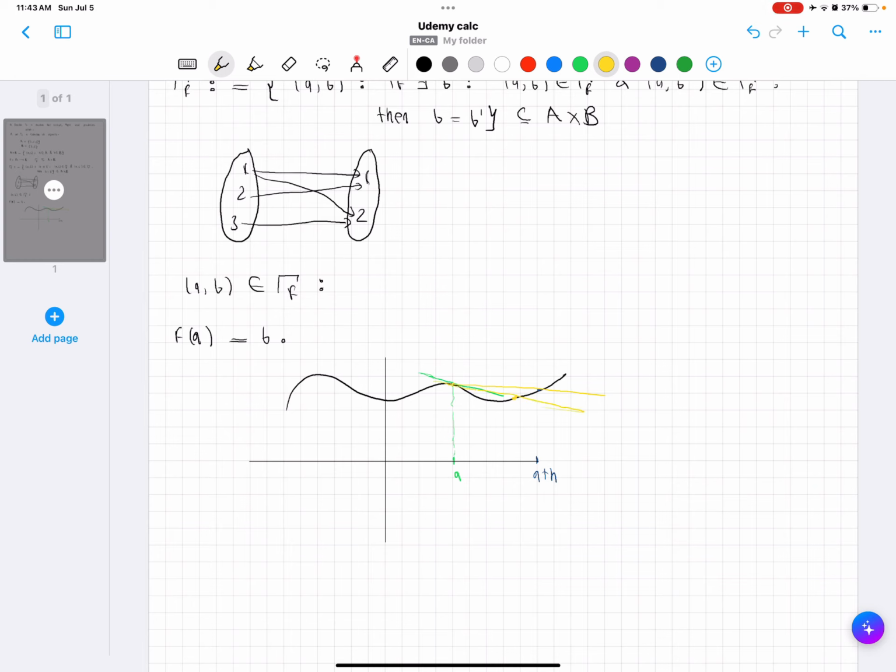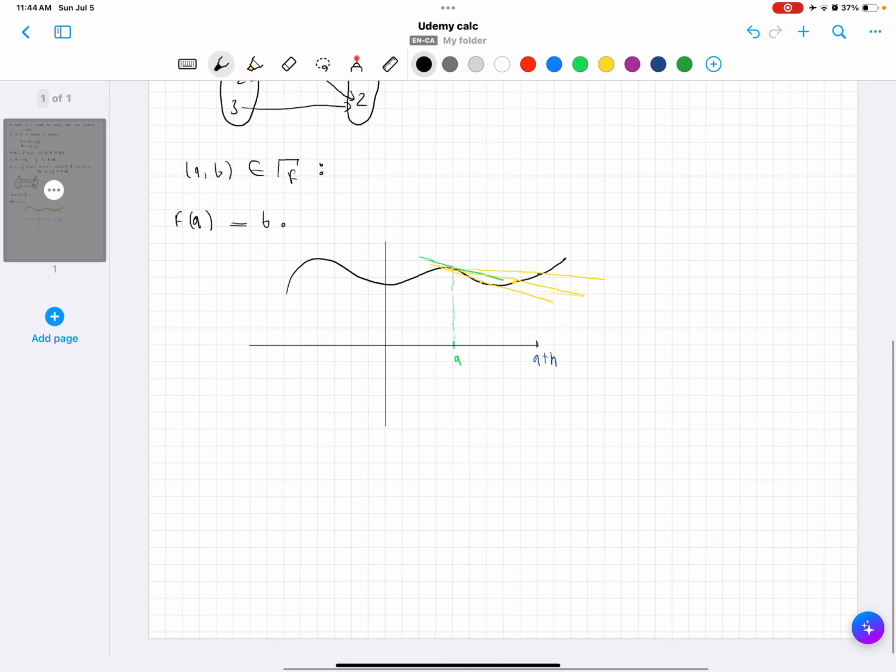And as you can see, as we bring a plus h closer and closer to a, the slope, the instantaneous rate of change of the function, approaches the value at that particular point.